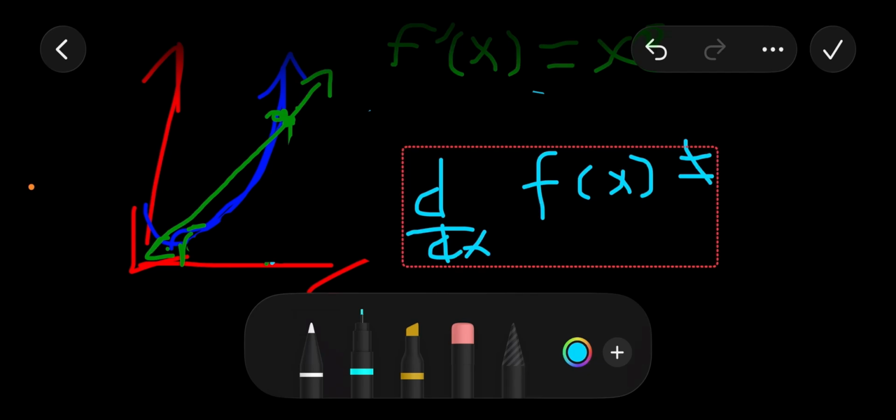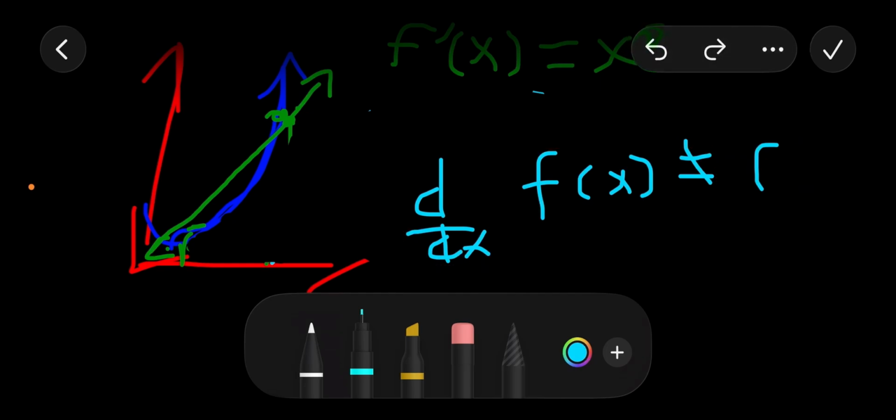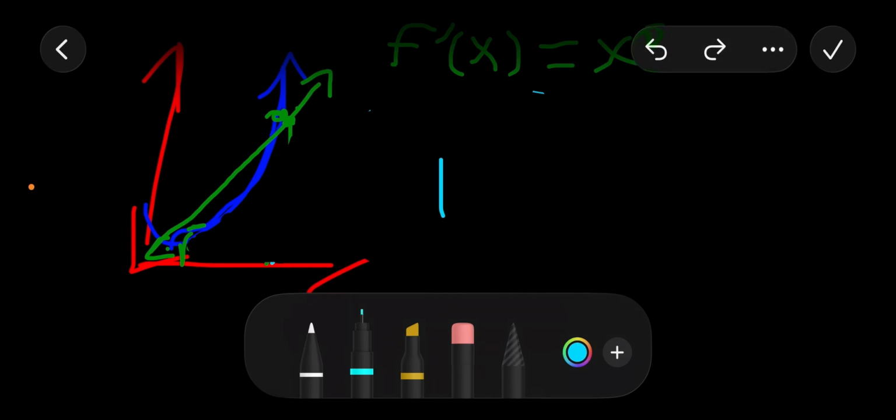That is not equal to f prime of x. F prime of x is a derivative and f of x is a curve. If we want to find the derivative, the definition for it is the instantaneous rate of change of a function. That might sound so confusing, but I'm explaining to you.